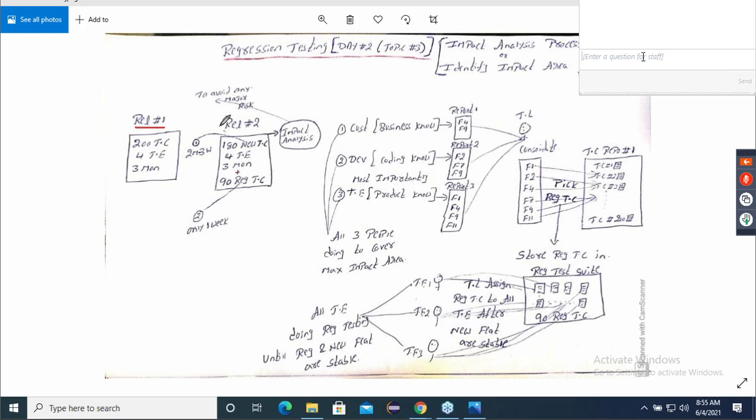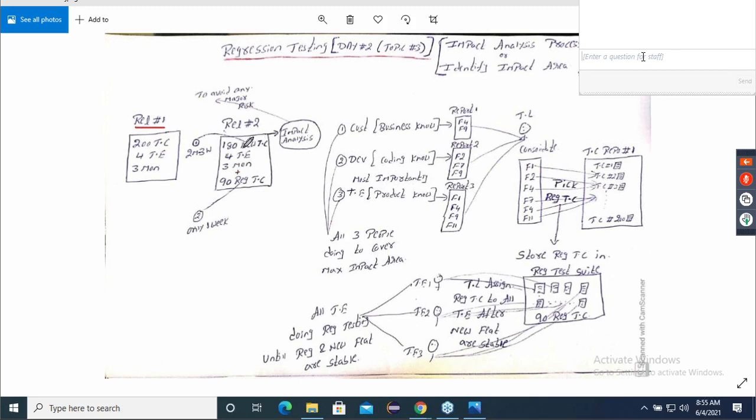Point number 2. Just now the customer says, I want release number 2. When the customer says that, you observe: 180 new test cases were written.